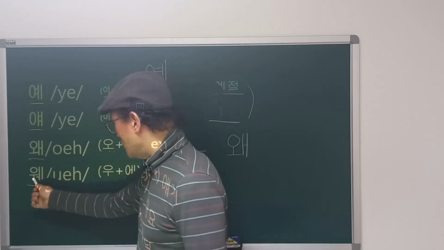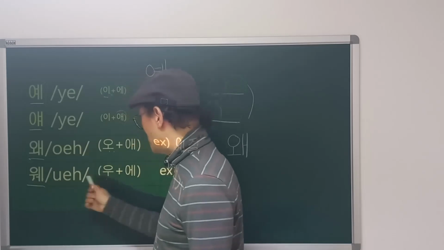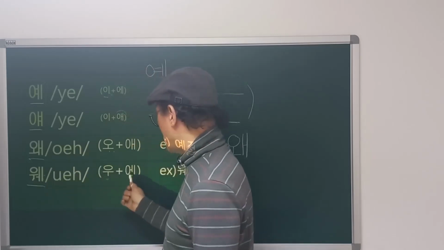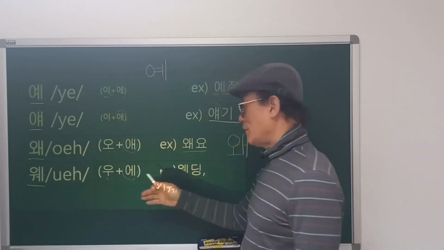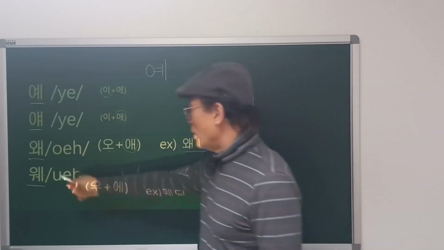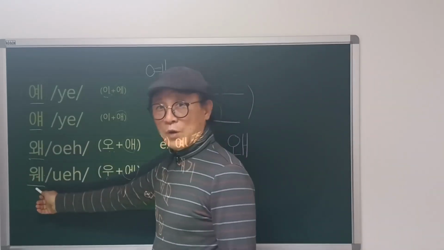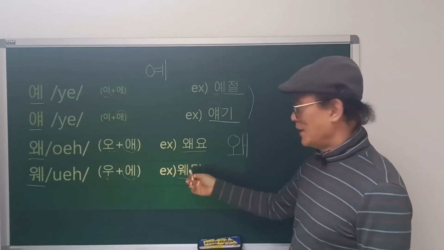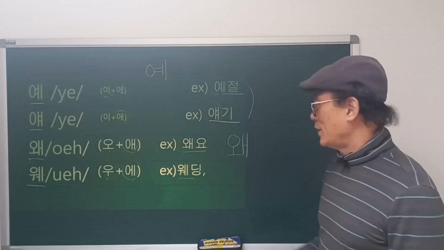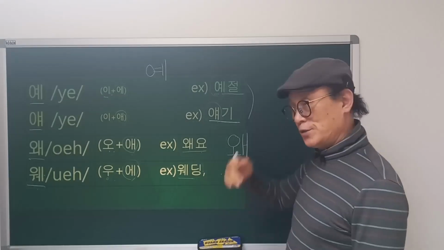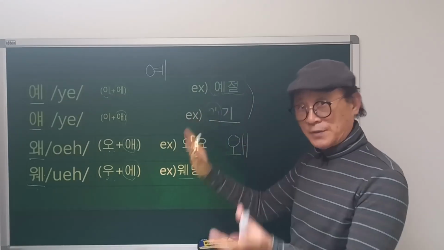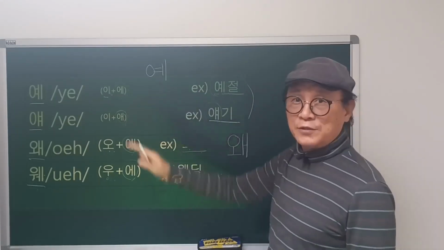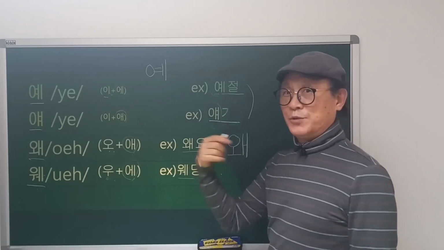Yes. This one, U, and this one, E. U plus E. So the final sound will be the same. So we, this is we, wedding, wedding ceremony, wedding.